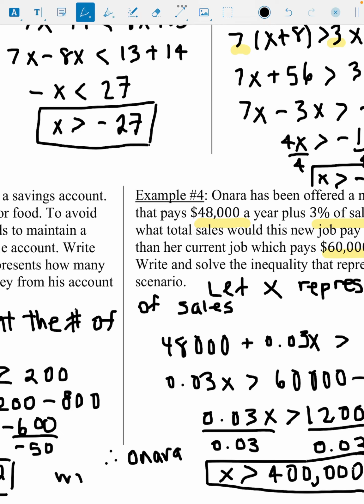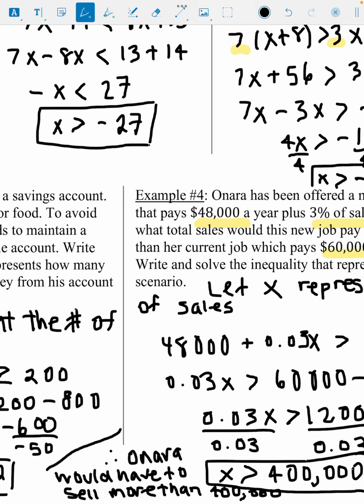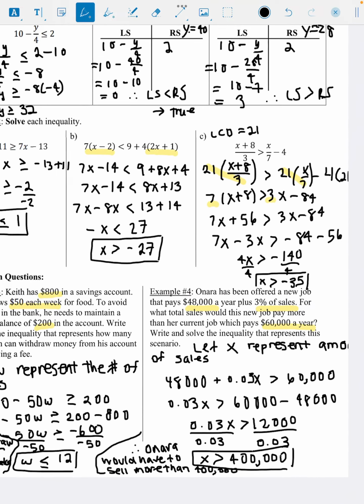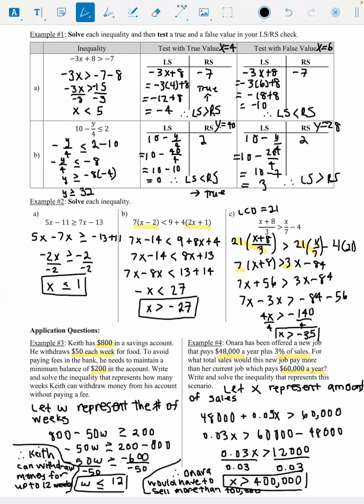Onara would have to sell more than 400,000. And that's all you need for example 4. So that's the end of lesson 3.6 for creating and solving inequalities.